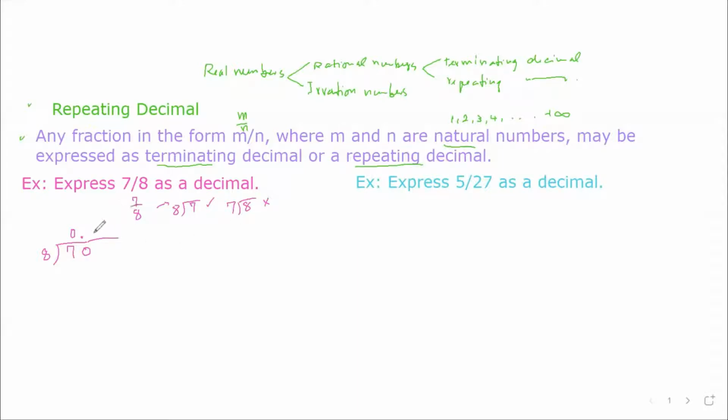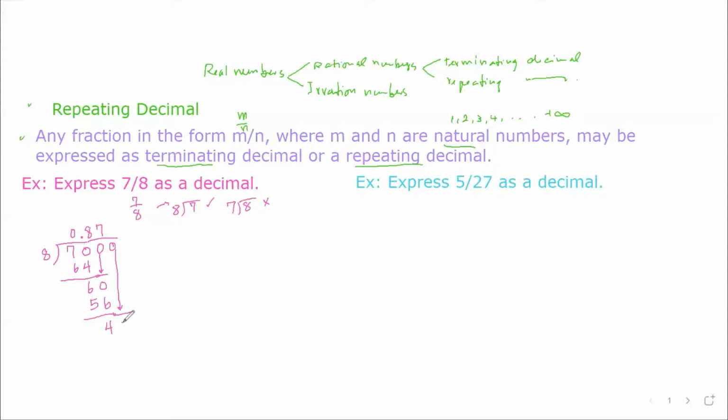8 times 8 is 64, so we subtract and are left with 6. 6 is less than 8, so we borrow another 0 down. 7 times 8 is 56, so subtracting leaves 4. 4 is less than 8, so we borrow another 0, bring it down.